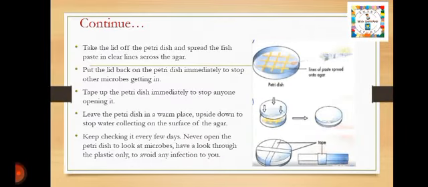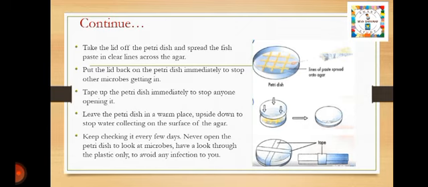Next, we put the lid back on the petri dish immediately to stop other microbes getting in. Now we will tape up the petri dish immediately to stop anyone opening it. Leave the petri dish in a warm place. Again, remember the condition, temperature. Keep it upside down to stop water collecting on the surface of the agar.